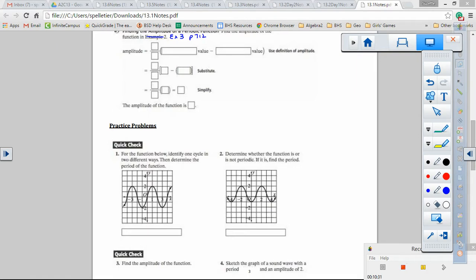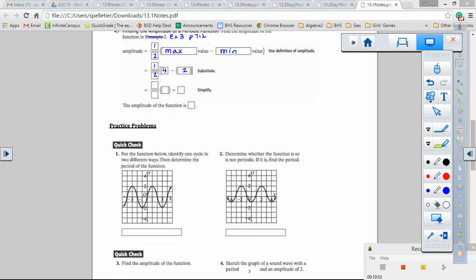So basically, the amplitude of that picture is 1/2. The amplitude of any picture is 1/2 the maximum value minus the minimum value. If you look at the picture in the book, the maximum is 4 and the minimum is 2. Remember, we have to take the difference and then do 1/2 of that.